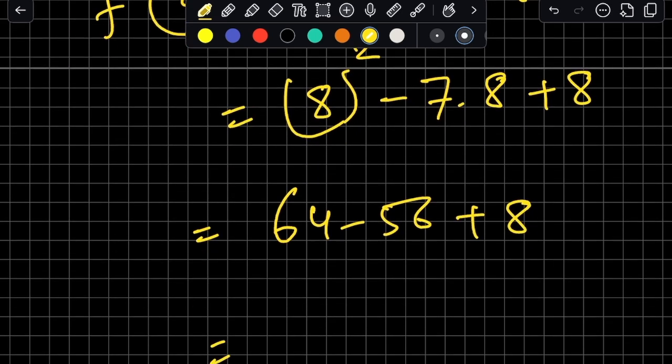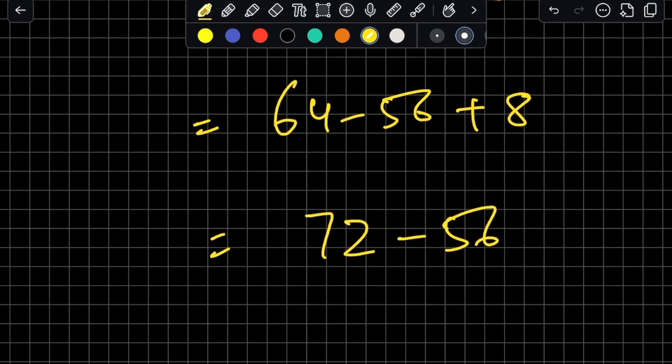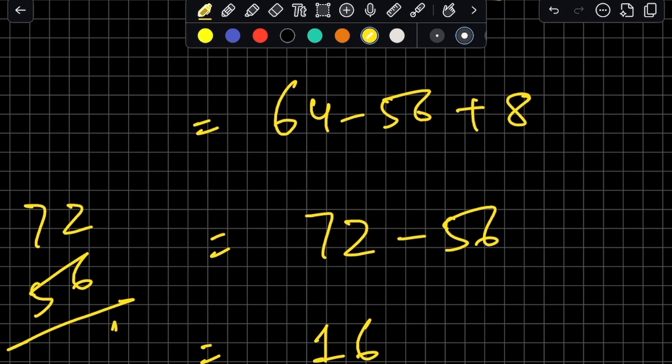So that's going to be 72 minus 56, if I am not wrong. So 72 minus 56 is 16. Yeah, it's 16.